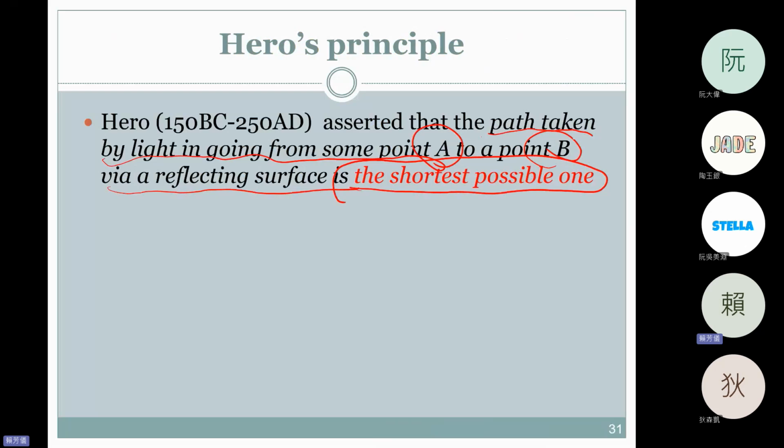So he means when the light impinges on the interface and is reflected, the reflection path or reflection point must show the shortest path.